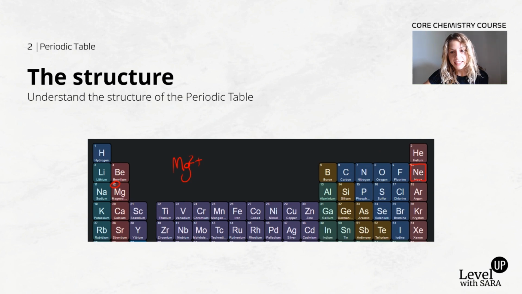In fact, ions very often have the same electronic configuration as a group 8 or group 0 element. Those we will see very soon. They're noble gases. They have a full electronic configuration, a full outer shell, so they're stable. That's why all elements chase that, but more on this in the next lesson.